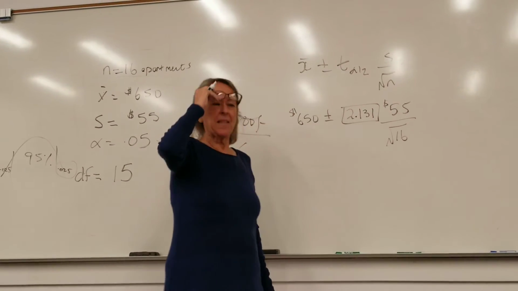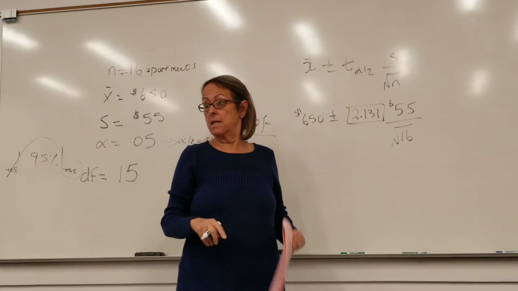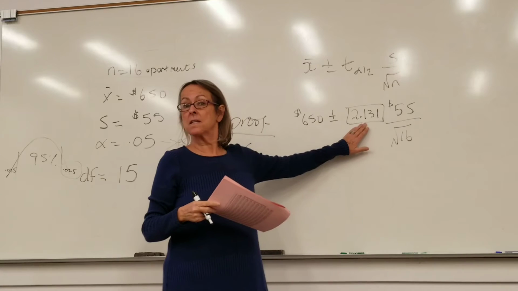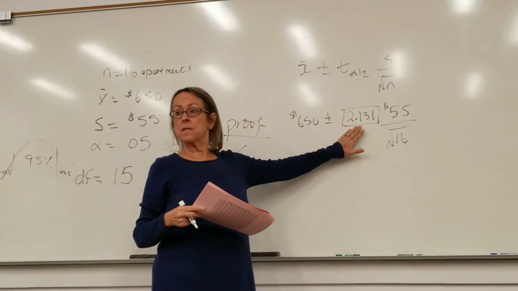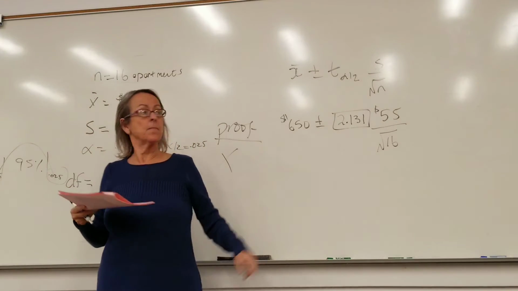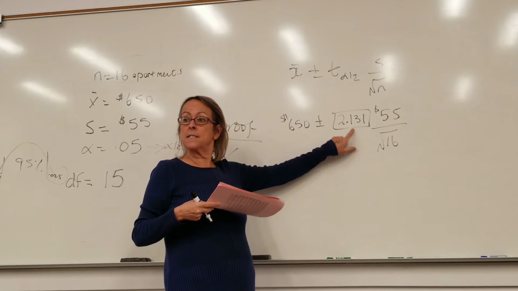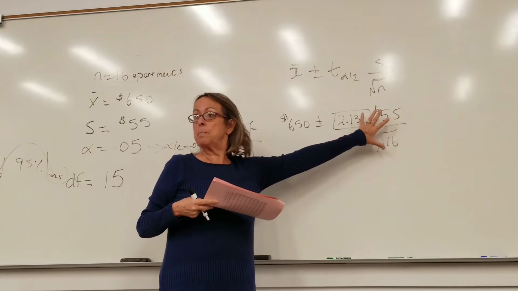2.131. That's bigger than that 1.96, isn't it? Because that's our punishment for having a tiny little sample, right? So because this is not 1.96, it's going to make this bigger, correct?